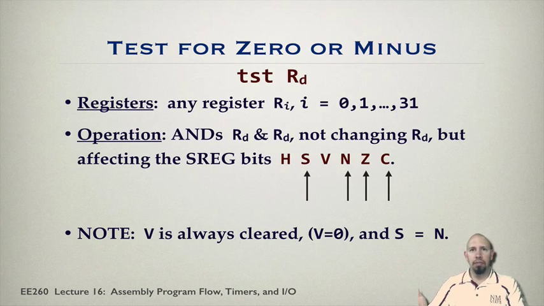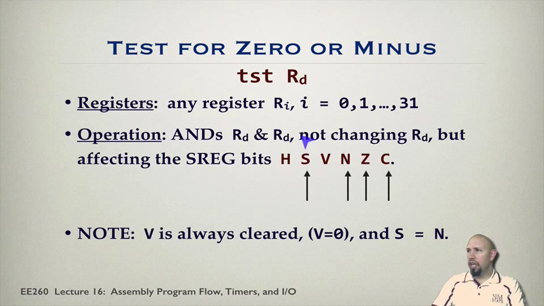When you AND a 0 with a 0, you get a 0. So this could be used to test if a register is 0 or if this register is negative. When you do this AND, if the negative bit is set, if the first bit is 1, this will give you an N. So it could also be used to give you a sign bit.